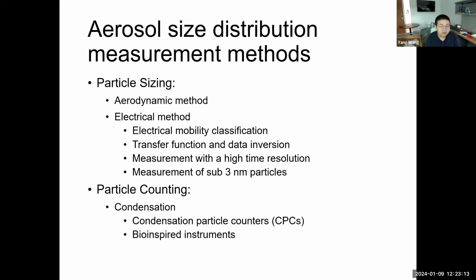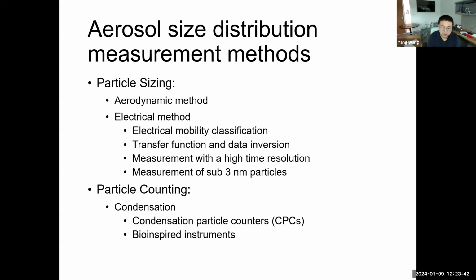Regarding the electrical method, I will further talk about electrical mobility classification, transfer function, data inversion, and measurement with other needs, for example, with higher time resolution or with smaller sizes. On the particle counting side, there can be methods associated with electrical methods, for example, using electrometers. I'm not going to cover that due to the time limit either.